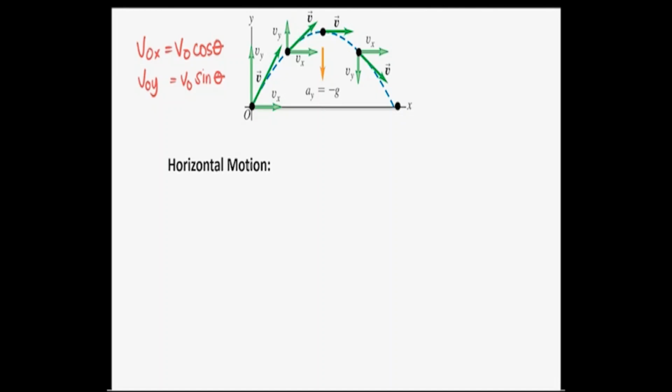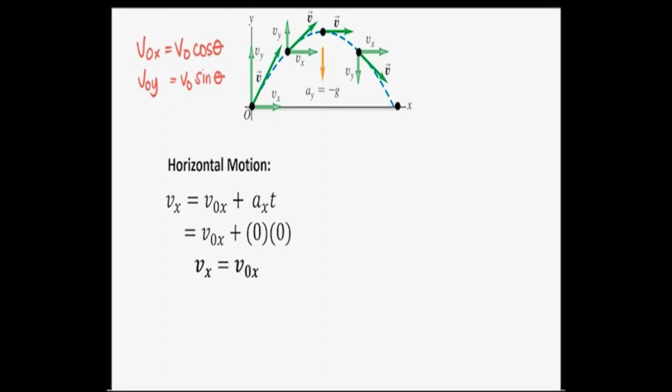And considering the x motion or horizontal motion first, we substitute into UAM equation number 1, where v sub x is equal to v sub 0x plus a sub x t. Substituting 0 for the acceleration, we therefore say that the final velocity is just equal to the initial velocity along the x-axis, or v sub 0x.